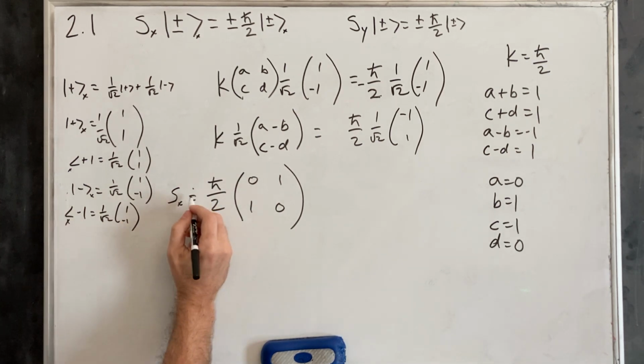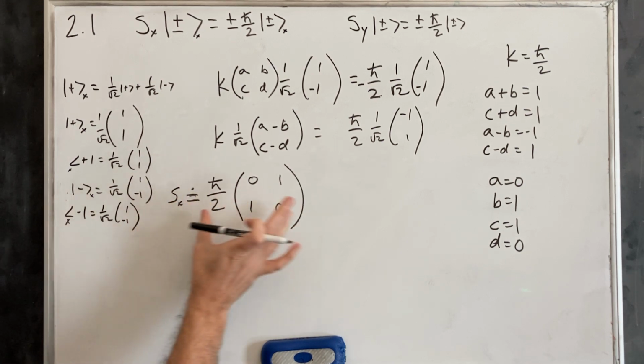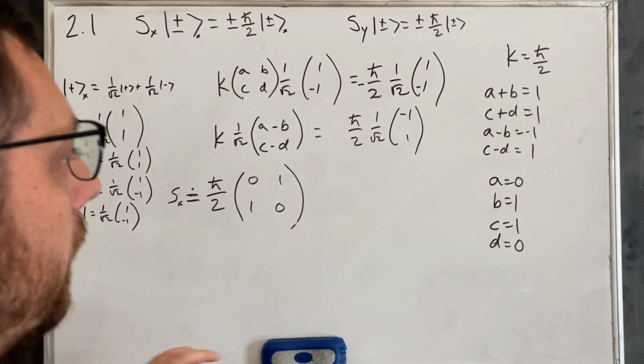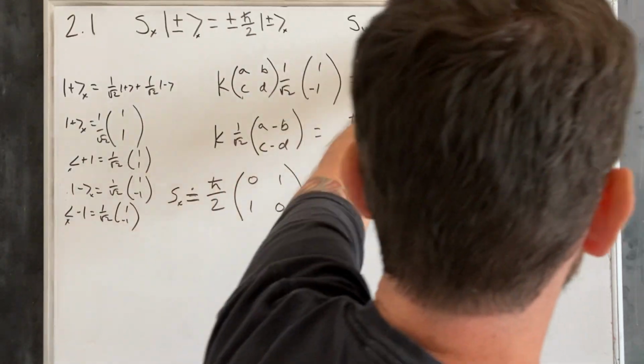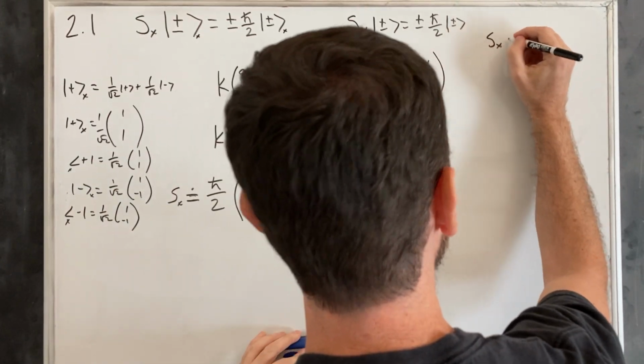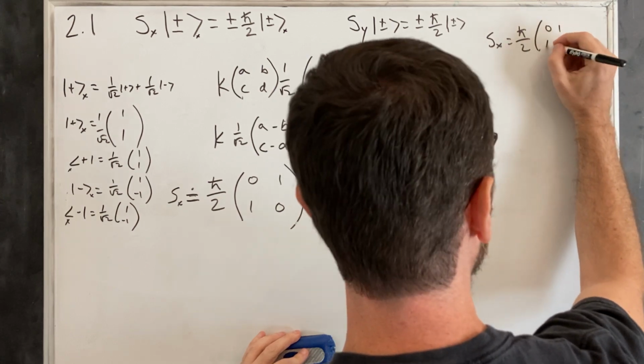A little equal sign with a dot means this is represented by this. Okay, so that's our Sx operator. I will write that just so you have that on the screen. Sx is equal to h bar over 2, 0, 1, 1, 0.